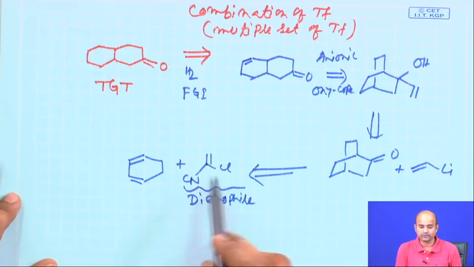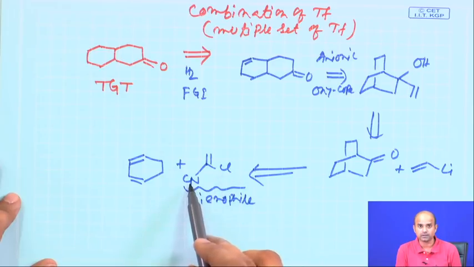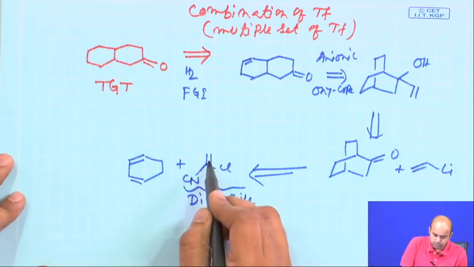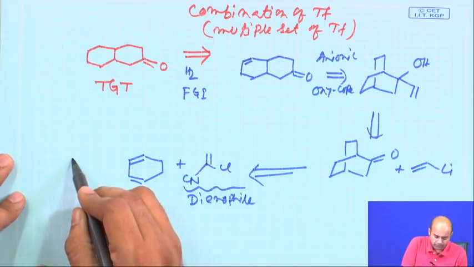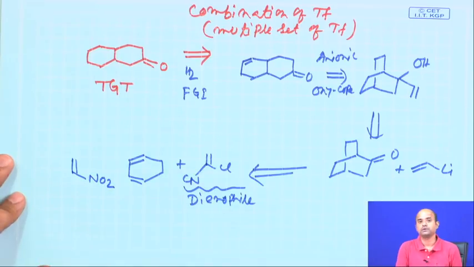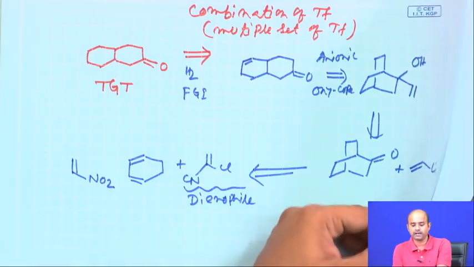This alpha-chloro acrylonitrile is very expensive. I am trying to give you another alternative where you can use a vinyl nitro compound as a dienophile.